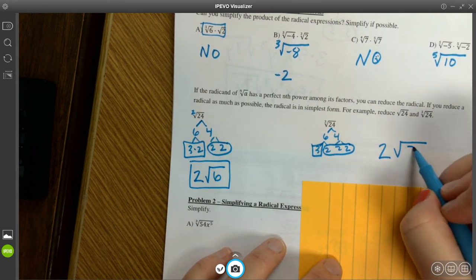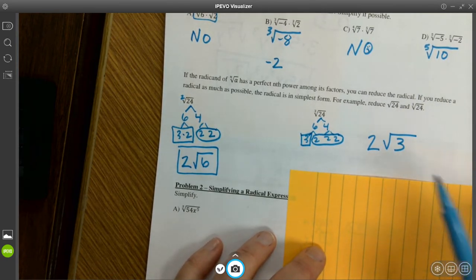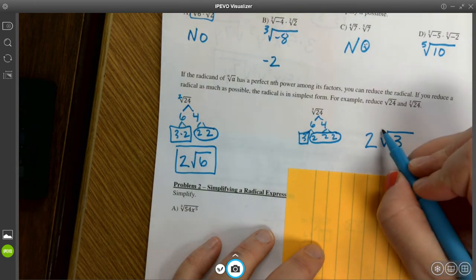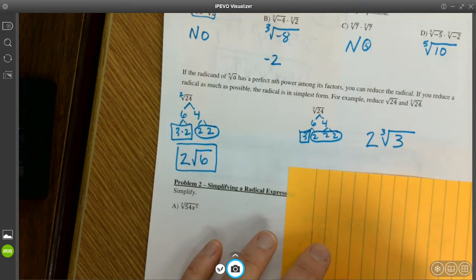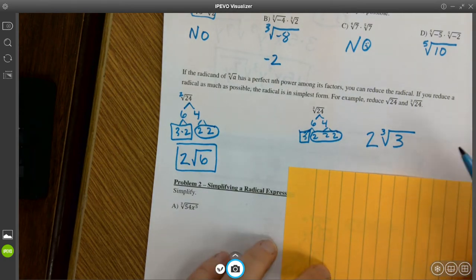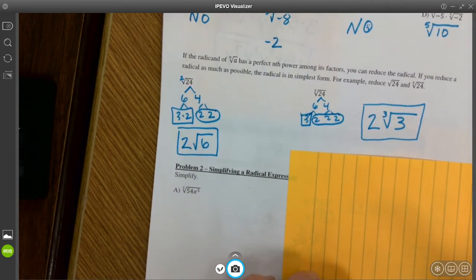This 3 stays in. And if on the test you have this answer, you will not get full credit, and people get so mad because you have to remember to write that itty bitty little 3 right there. If you don't, it's not the correct answer, because that's not the same number. Cubic root 3 is not the same thing as square root 3.